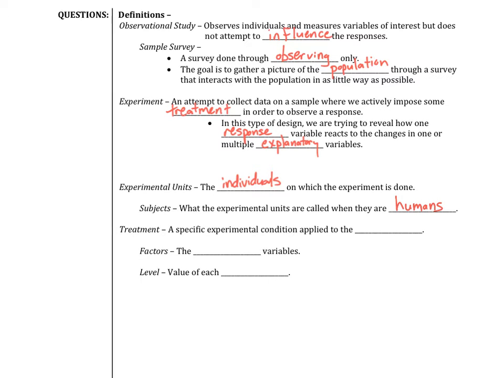A treatment is a specific experimental condition applied to the unit, and factors are the explanatory variables. And the level is the value of each factor.